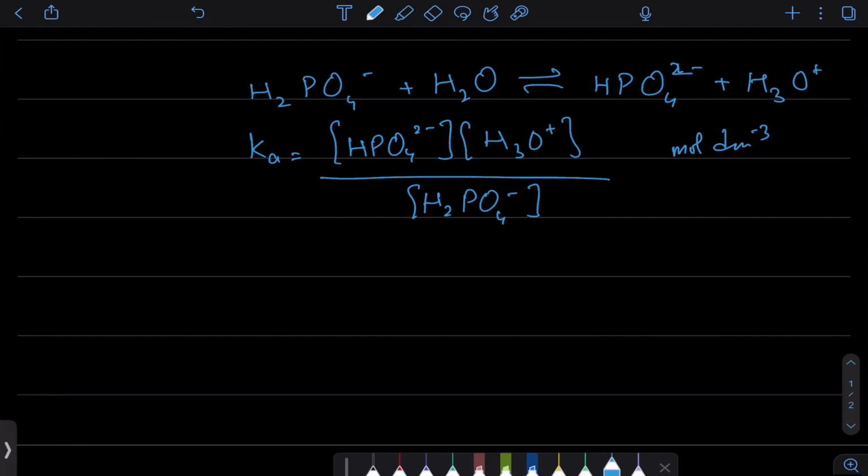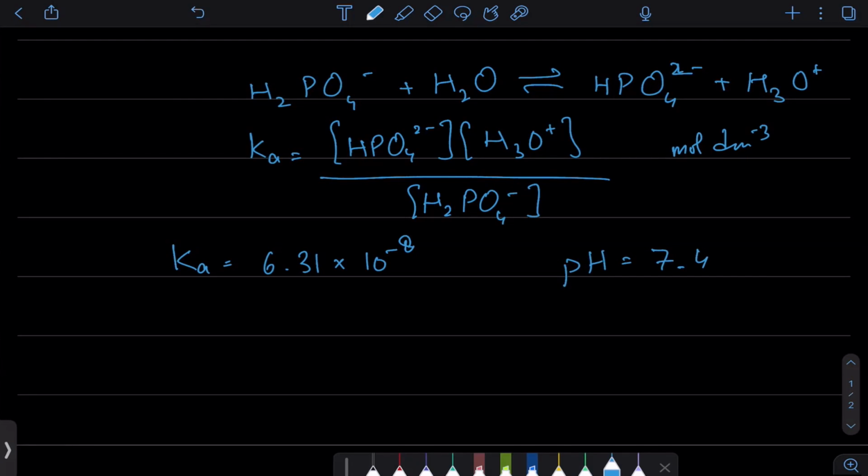Now let's say the Ka is given to me. The Ka value at some temperature is 6.31 times 10 to the minus 8. Now, what is the pH of, let's say, this is in some living cell, or I have to calculate its pH. Even if I have the pH, let's say pH is given, because blood is slightly alkaline, let's take 7.4.